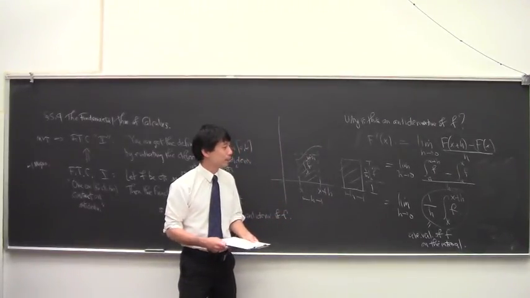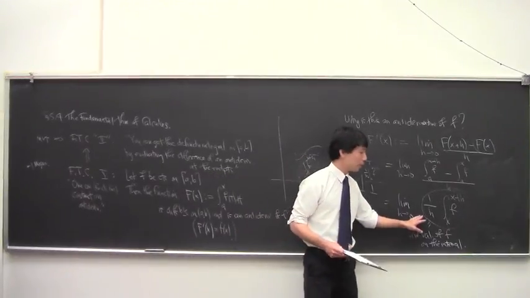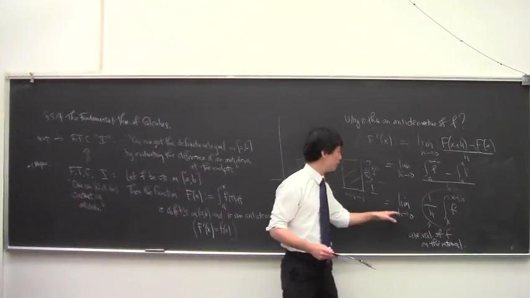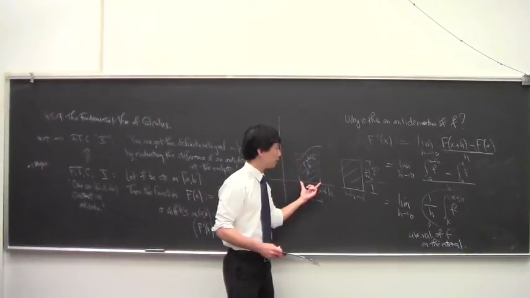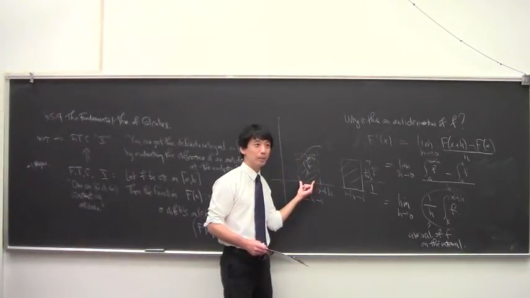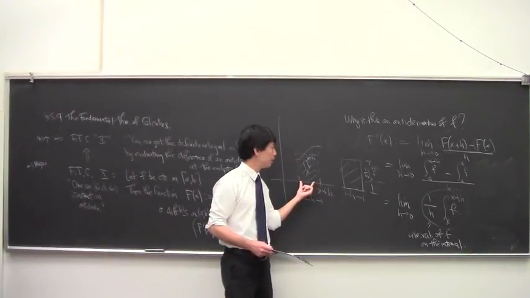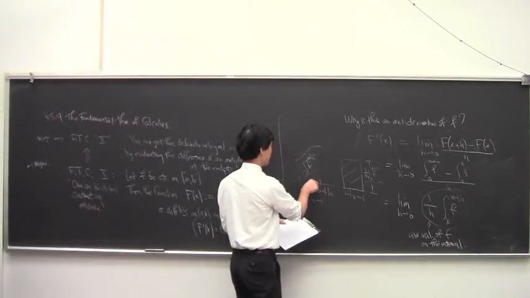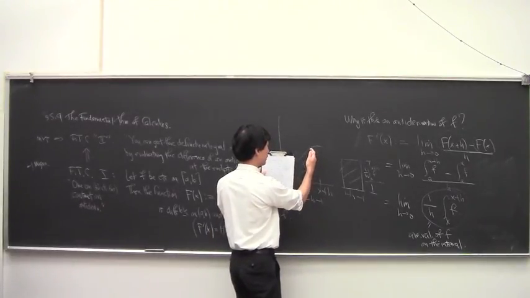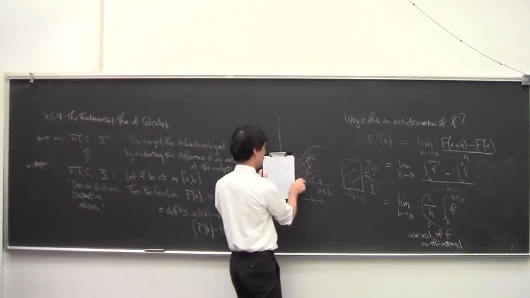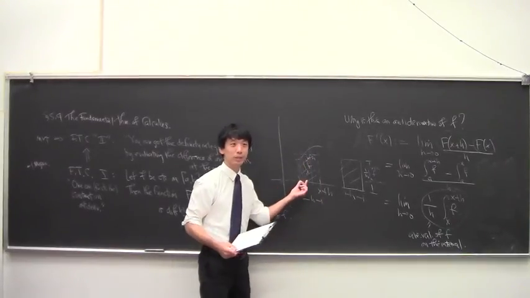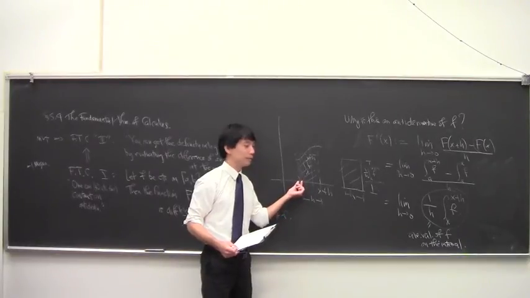So now what we're doing is taking the limit. If we let h go to 0, then what happens? As h goes to 0, we're going to get the average value of f over smaller and smaller intervals. We get the average height.